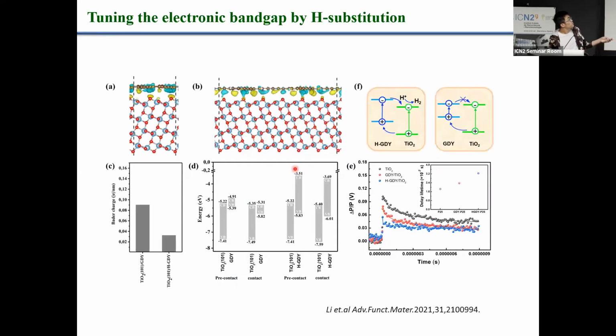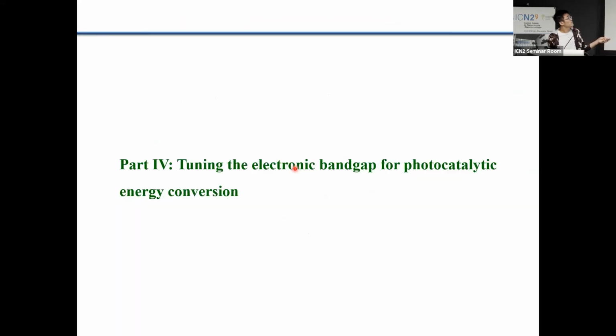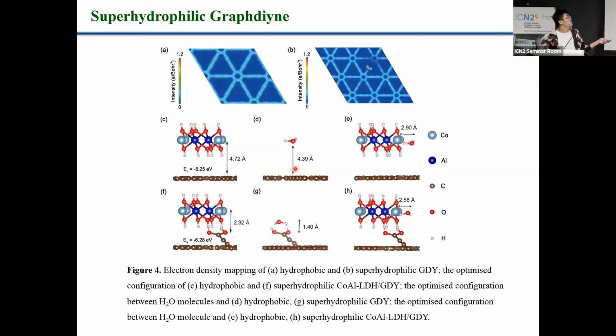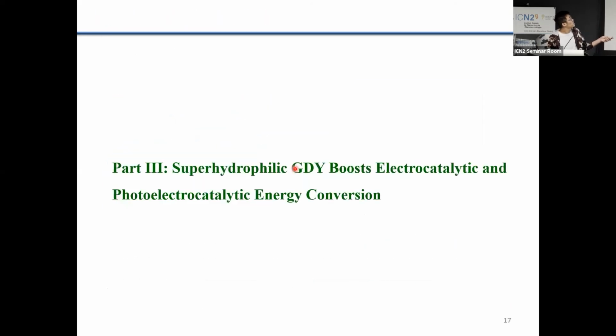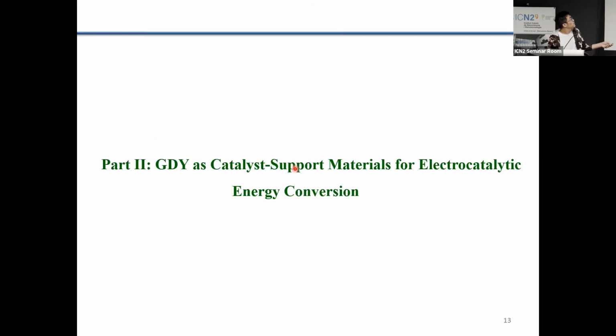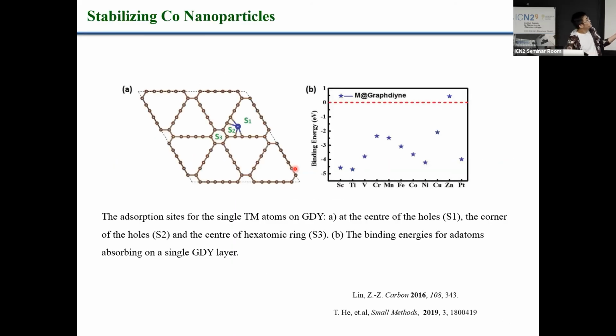I will show the structure here, because some papers about single atoms stabilized by graphdiyne have been reported. If you want to know, you can check. The structure is here. Graphdiyne is stabilized by these sp1 carbon atoms. Yeah, sp1 carbon.